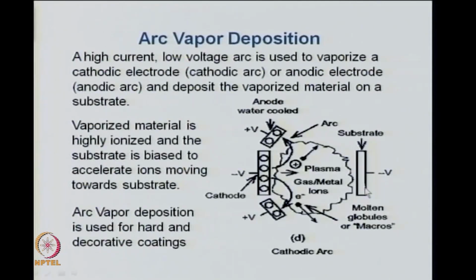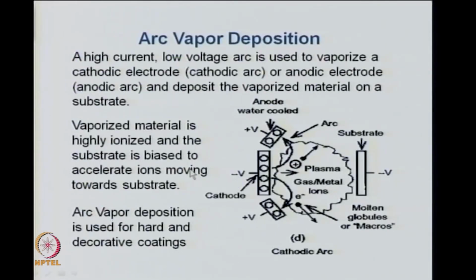The substrate is here, and when the vaporized material is highly ionized and the substrate is biased, with the ions moving towards the substrate, then you can get deposition. Arc vapor deposition is mostly used for hard coatings and decorative coatings, and very commonly it is used. So, you use basically a high current and low voltage arc discharge system.